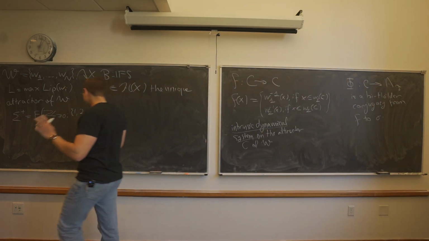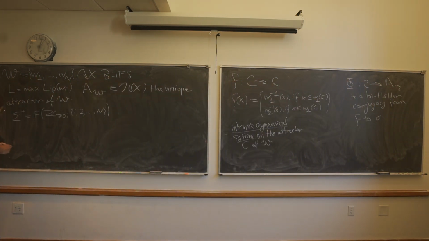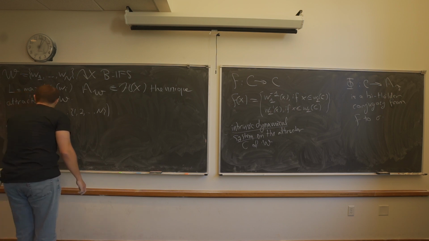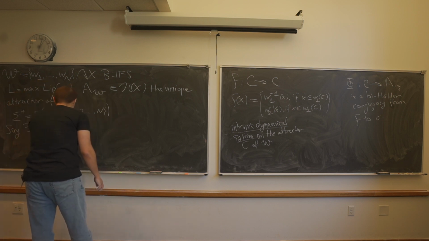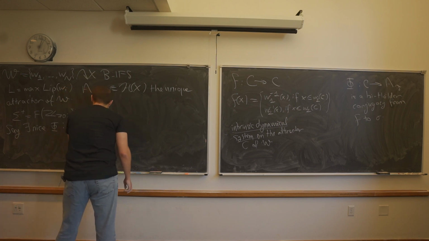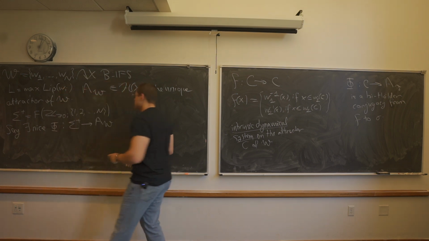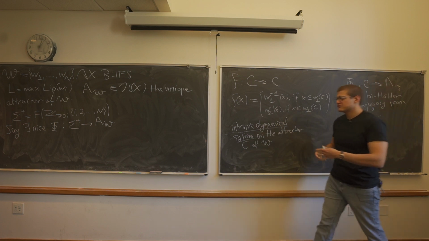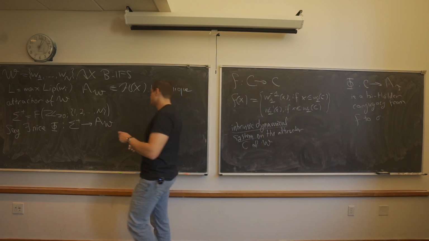We're going to discuss what that means in a second. Say there's a nice phi from shift to the attractor. Nice meaning it's compatible with metrics and stuff like that, and compatible with dynamics.